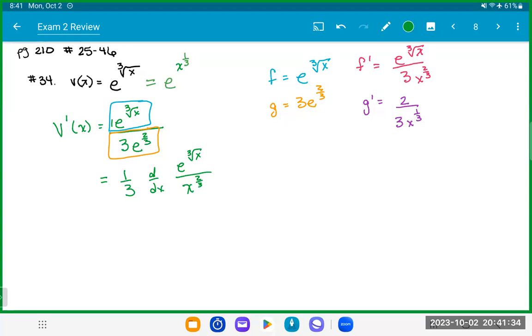So we have the 1/3. These are the pieces that we pulled up over here.